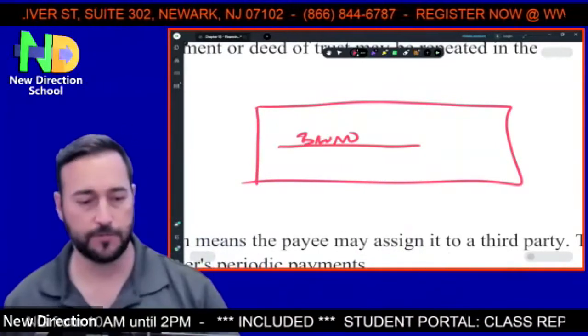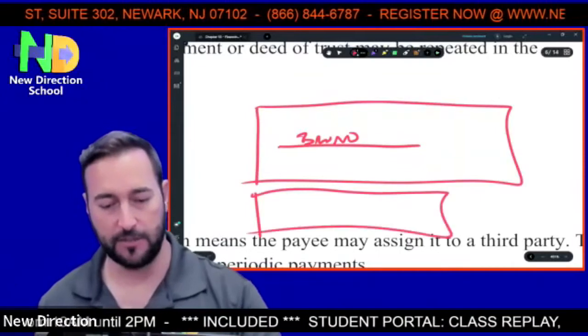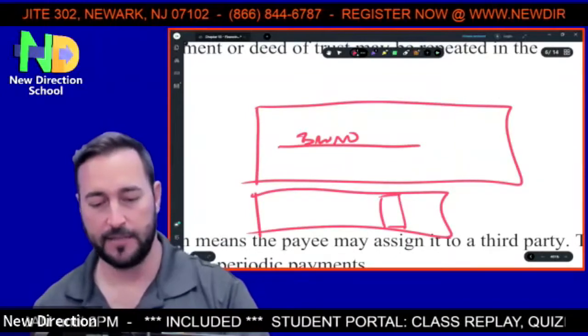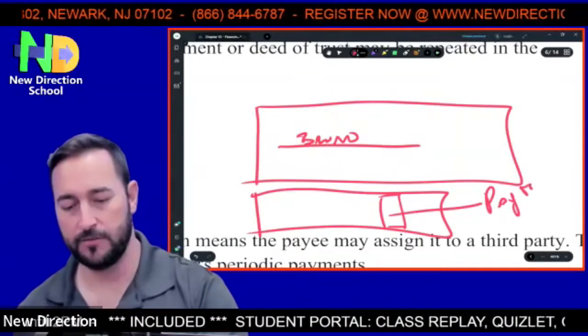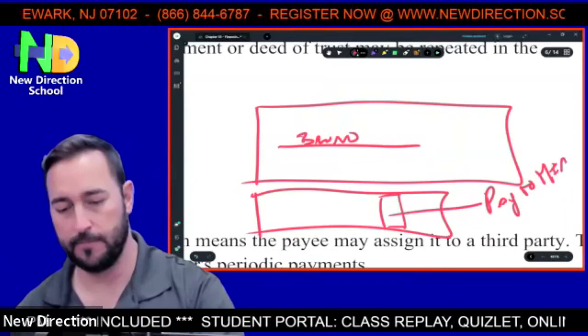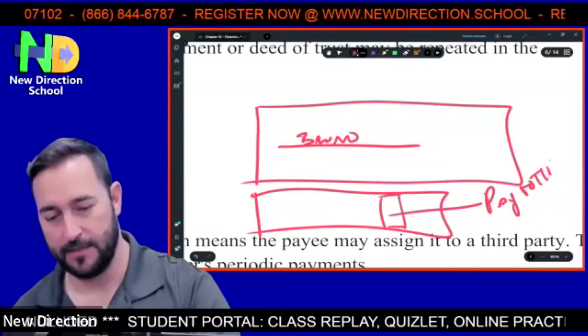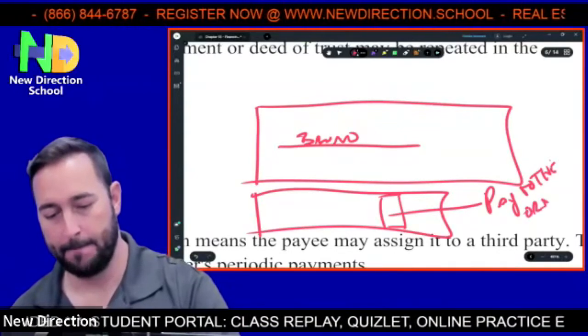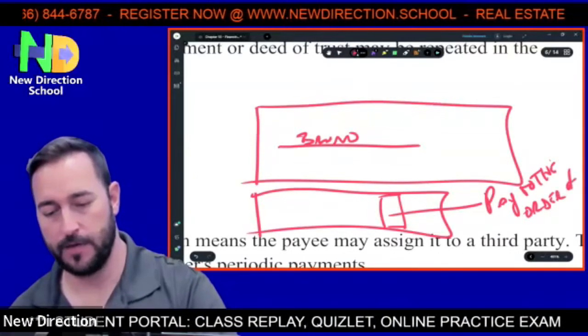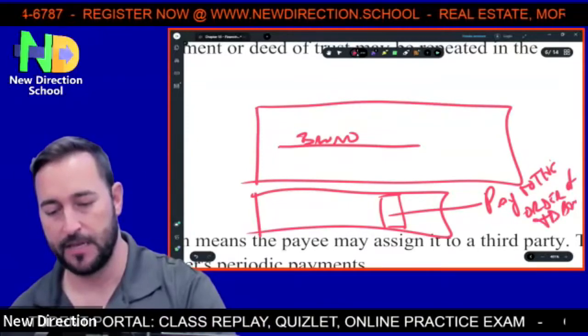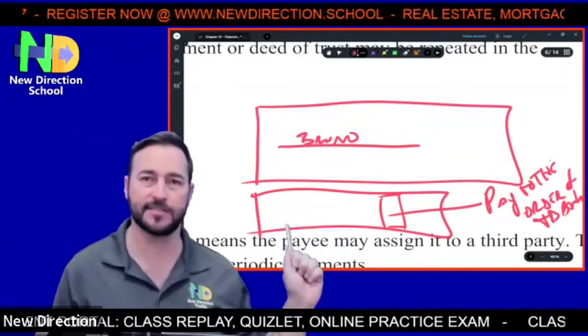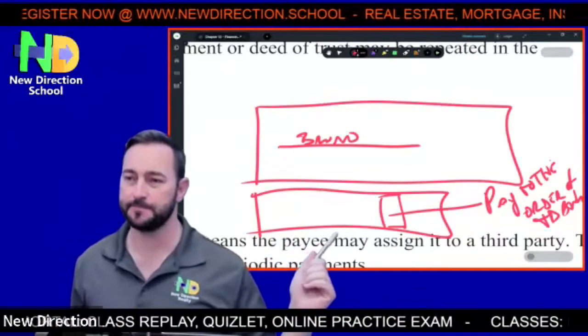What they'll do is in the back of the check, they'll put a stamp, and this stamp says, pay to the order of TD Bank. So pretty much what we did here is an assignment. You guys remember the word assignment?